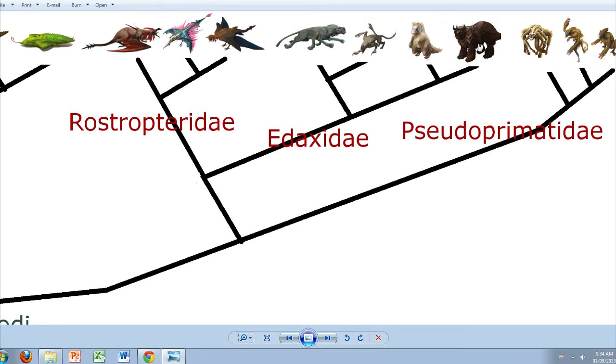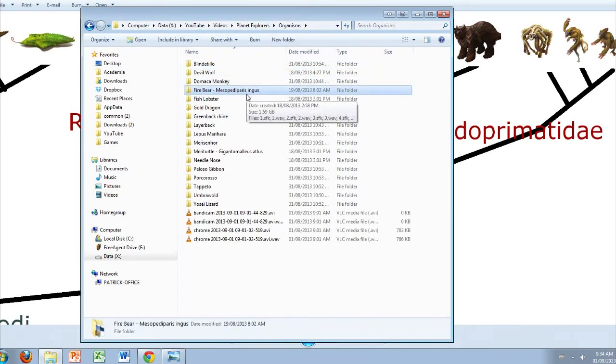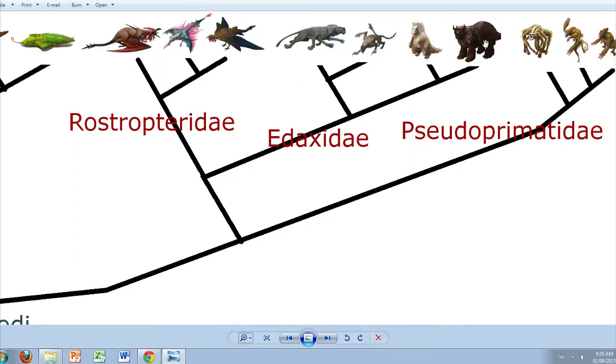Now this next group here, containing the fire bear, which last episode, if you haven't seen it, I gave the name Mesopediparus ignis. And so that contains the fire bear and the merryhare. What unites these 2 groups, for the most part, is the presence of very much reduced middle pair of legs.